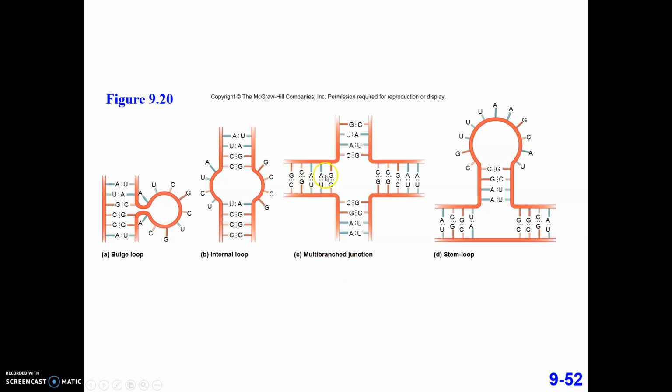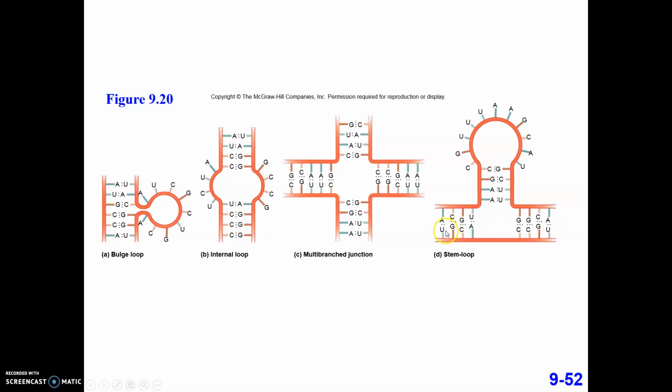So here we have a kind of a multi-branch T-junction type of thing. We actually see this present in transfer RNAs. Here we have a stem loop, so this is kind of a combination of this junction with one of these little bulge loops.